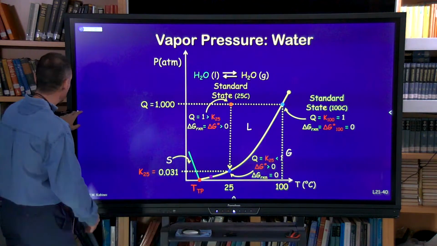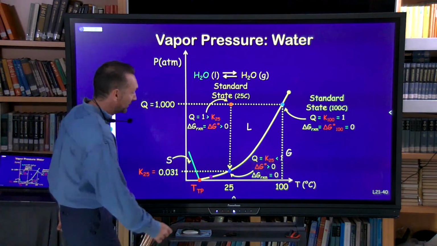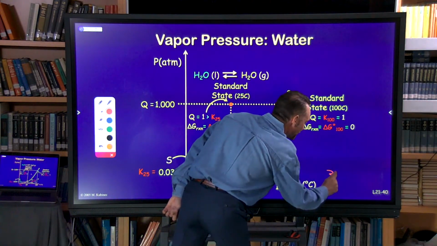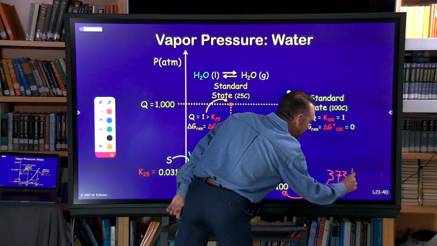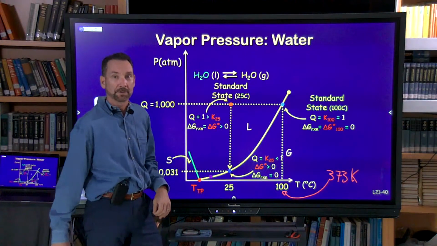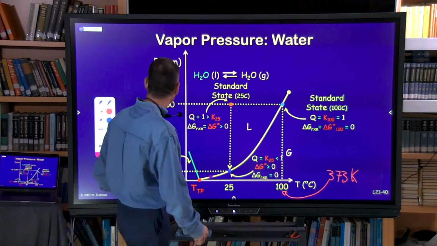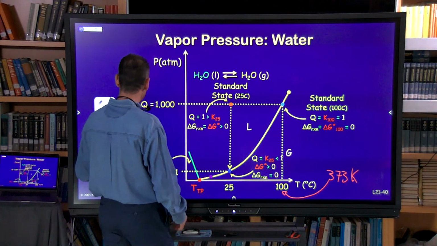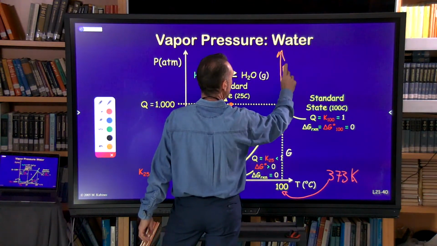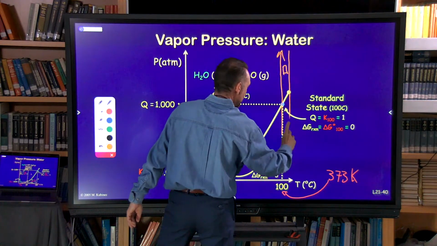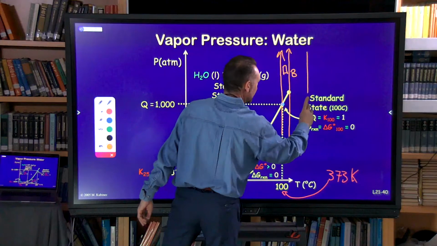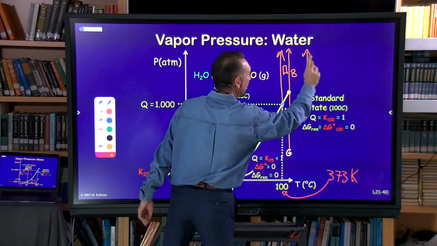I had written it in Celsius, but this is 373 K here. And you can see it's below the critical temperature. That's line A that we just had in the last slide. We had A, and then we had B isotherm right at the critical temperature, and then we had C isotherm above the critical temperature.